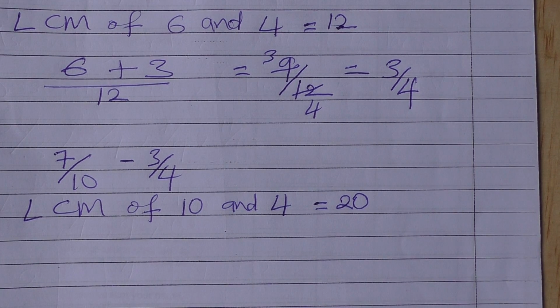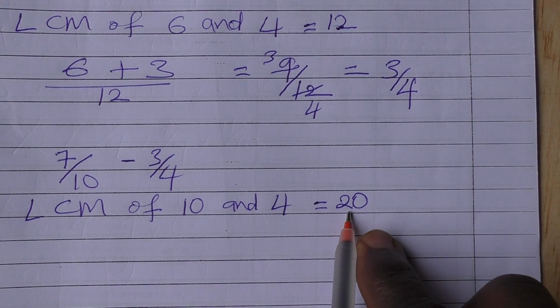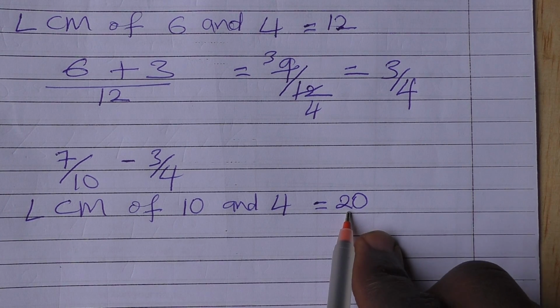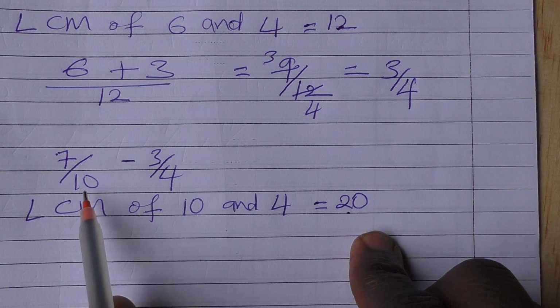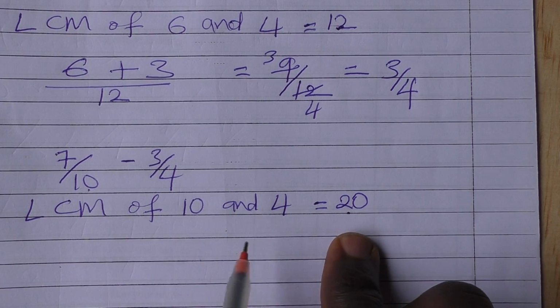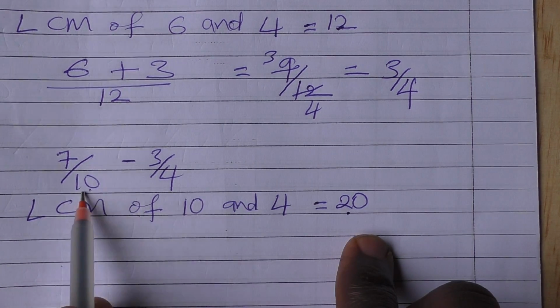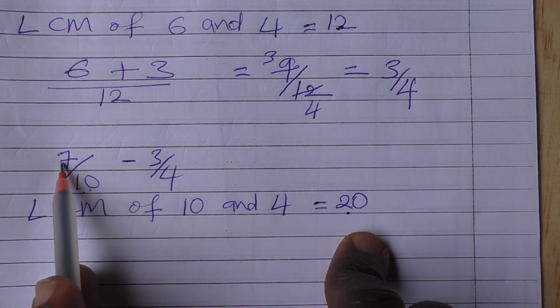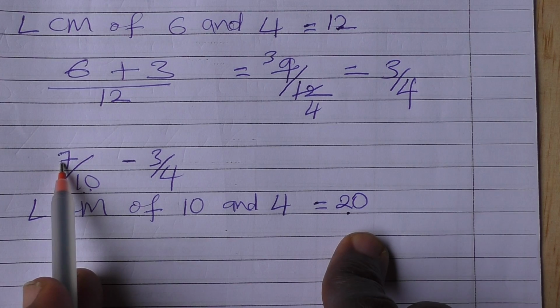After getting 20, the LCM, we shall divide the LCM by the denominators. We start with 10. So that is 20 divided by 10 is 2. And multiply the 2 by the numerator 7.